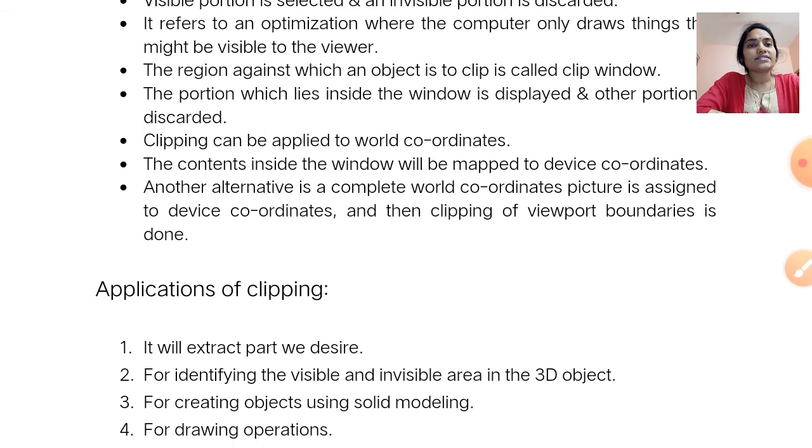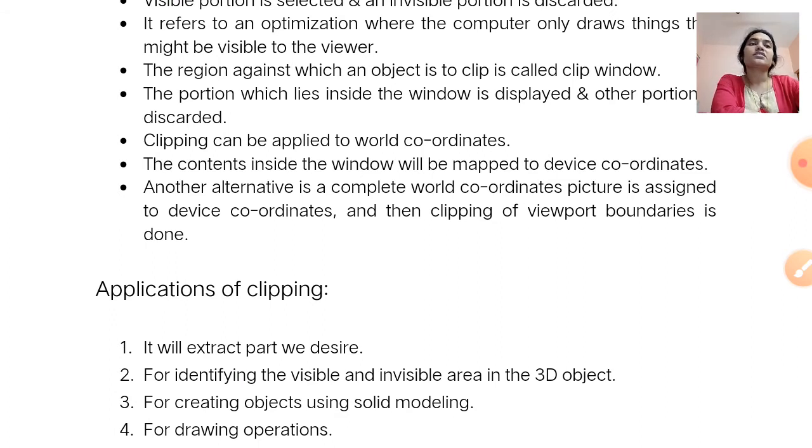The contents inside the window will be mapped to device coordinates. Another alternative is that the complete world coordinate picture is assigned to device coordinates and then clipping to viewport boundaries is done. So this is the concept of clipping.